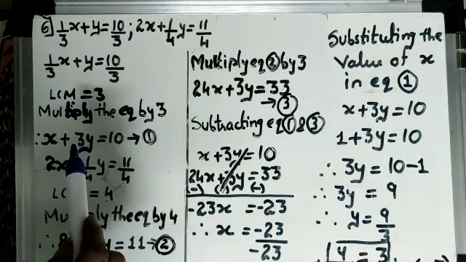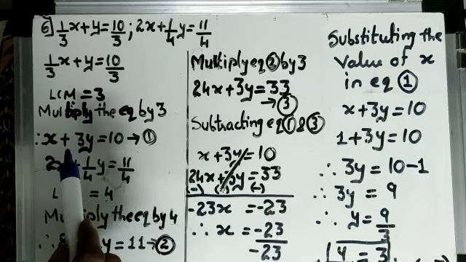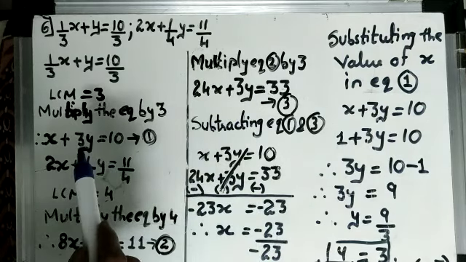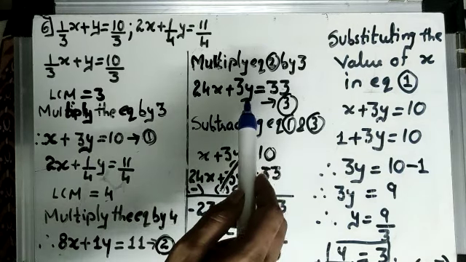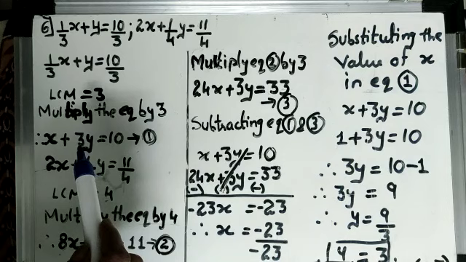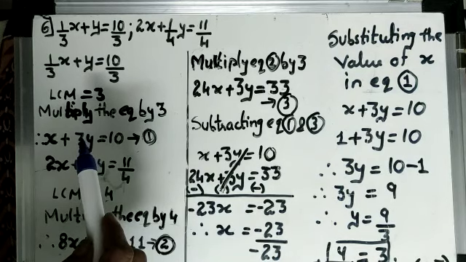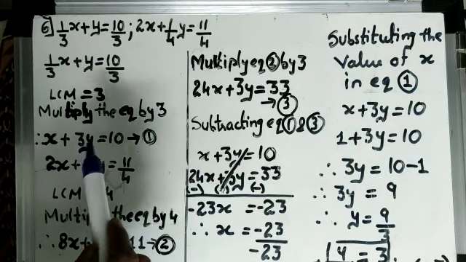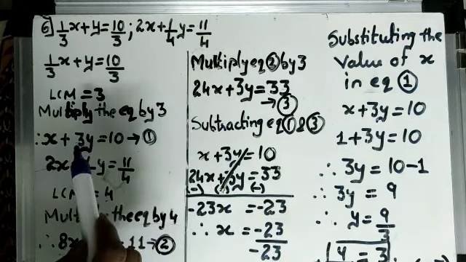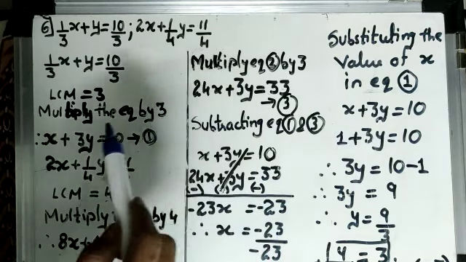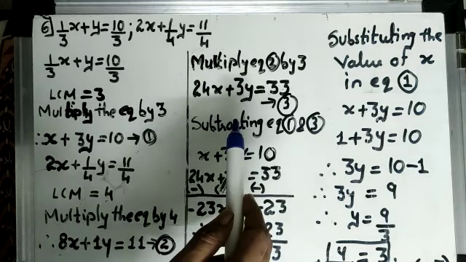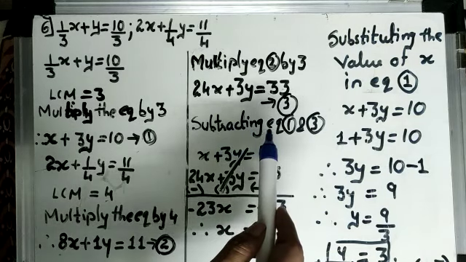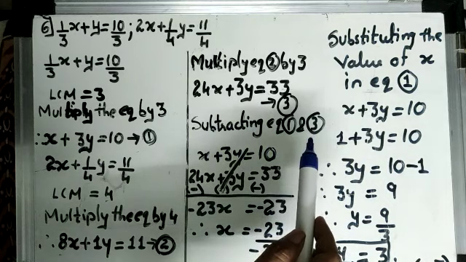In my last lecture, I explained the sign rule: if the numbers have the same sign, you subtract, and if they have different signs, you add. Here both 3y have a positive sign, which means you are going to subtract equations 1 and 3.